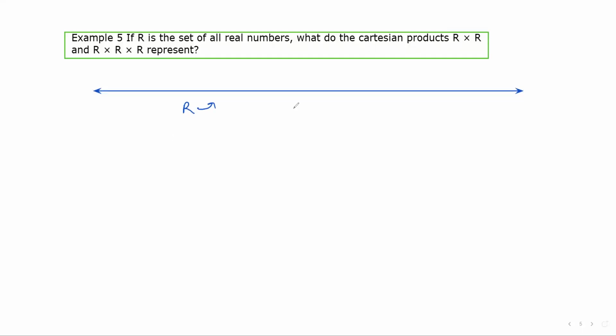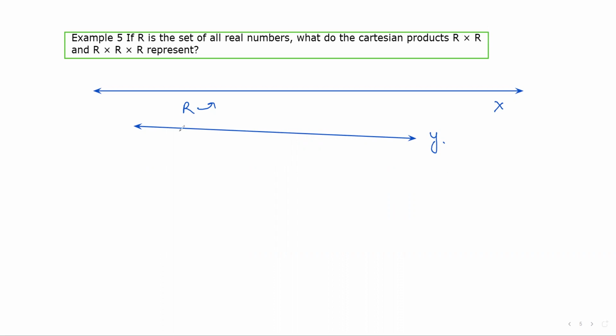If R cross R is considered, you have to consider the combination of this R with another R. That means the combination of this line with another line. So this is where we come up with the x-axis and y-axis. They are two real lines which contain all the points of real values.